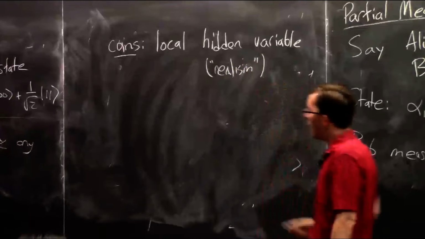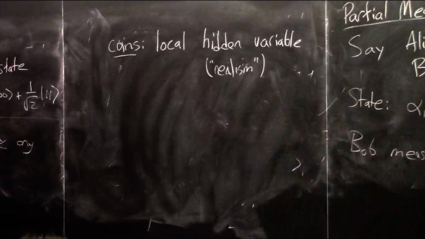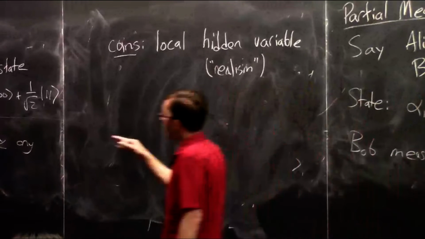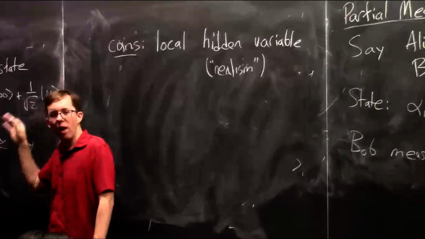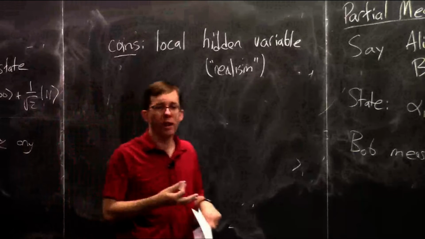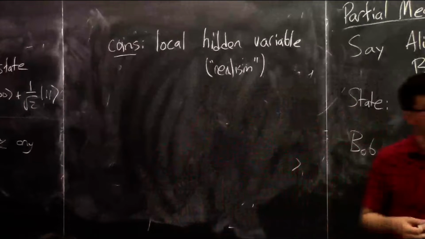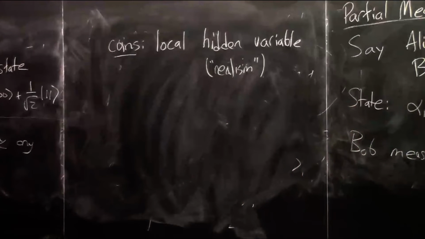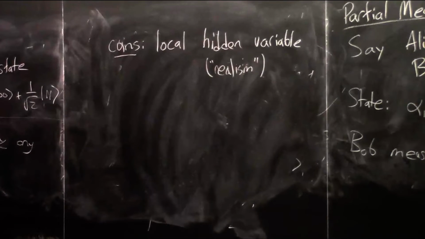What do I mean by that? When you say it's 50-50 that the coins are 0-0 or 1-1, that's mathematically modeling your lack of knowledge about the real state of the coins. In physical reality, they either actually both are 0-0 or they both are 1-1.